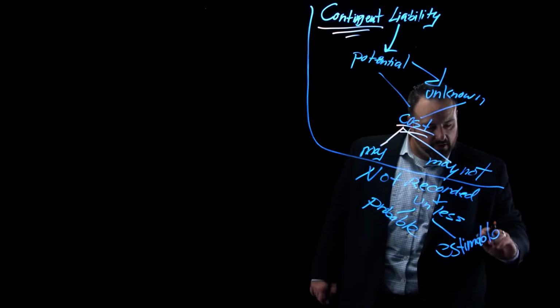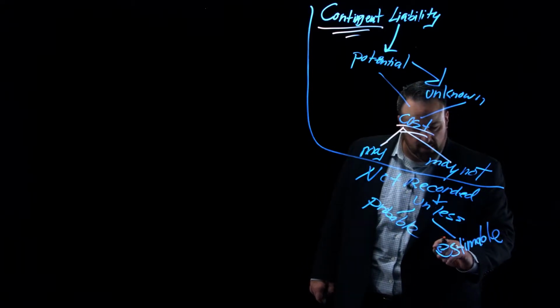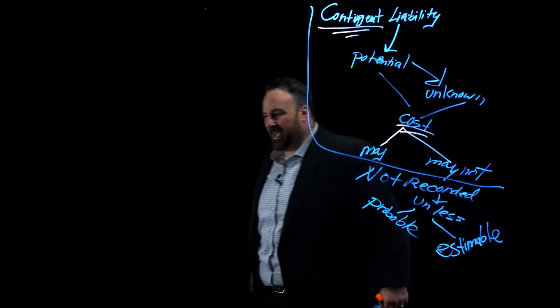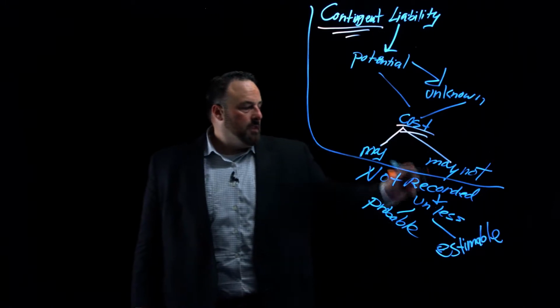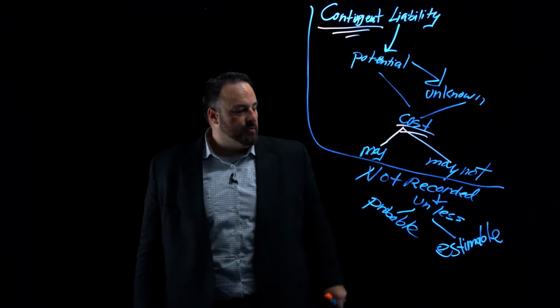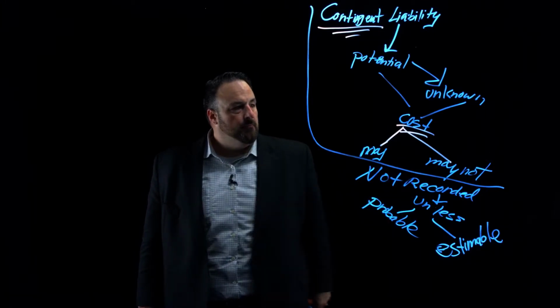Like we know something's about to go down within our business. It's beyond our control, but we might be able to estimate the actual loss. Therefore, both of these variables would be considered contingent.